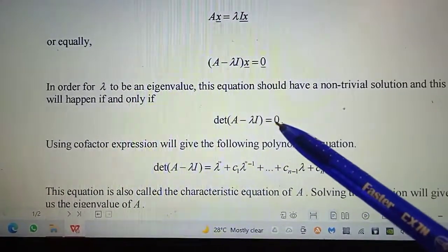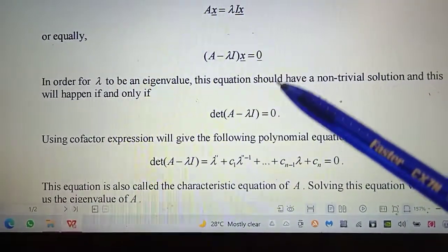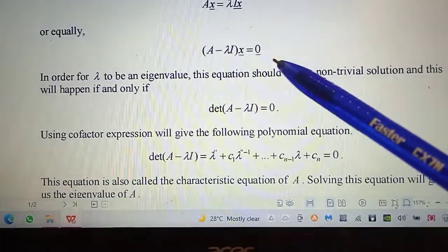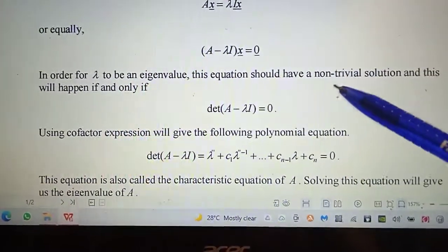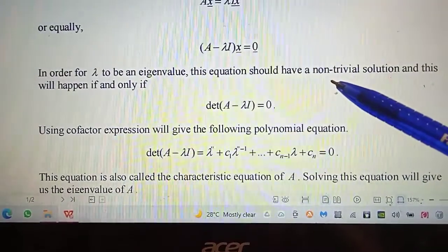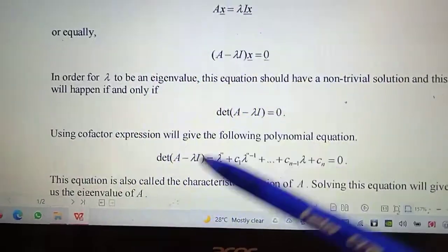Only then does the homogeneous system of equations have a non-trivial solution, meaning there is a solution which is not all zero values of x.